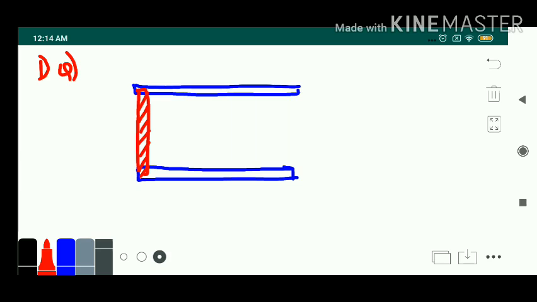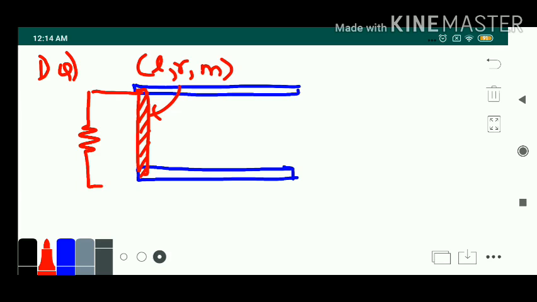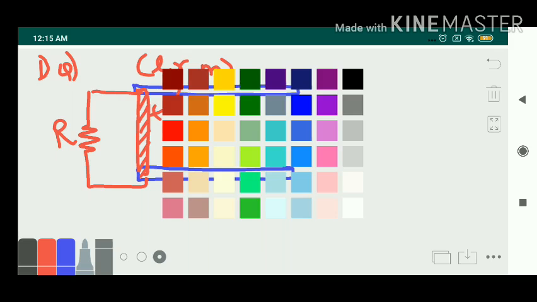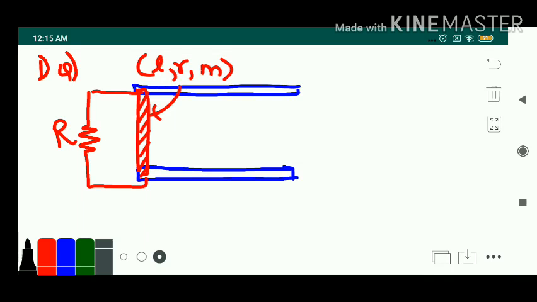Say this rod has a length L. Let's say it has a resistance r and it has a mass M, right? These are the parameters of this rod. Connected to this rod there is an external resistance, capital R. Let's say this rod is moving with the velocity v in this direction, right? This is the question.